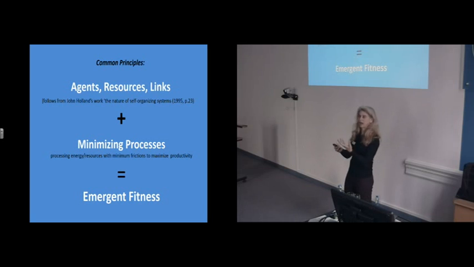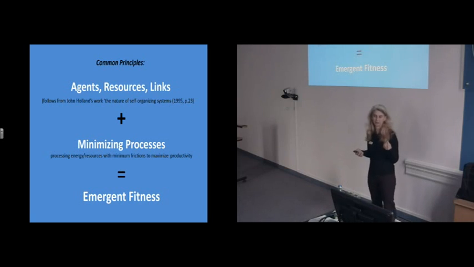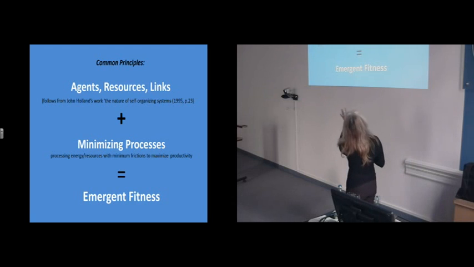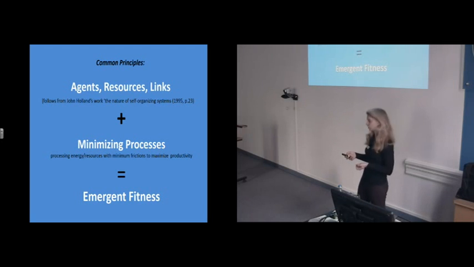And so you wind up having these emerging pathways that are looking to maximize productivity. And then we get emergent fitness when we have these things all working together, in that there are ways in which the system can discover an emergent fit regime, and sometimes multiple emergent fit regimes where we have multiple niches that are partitioned.